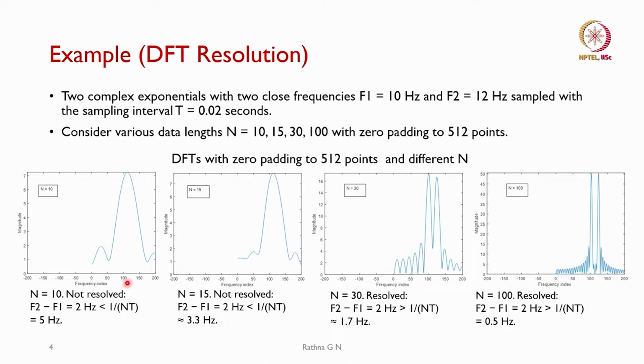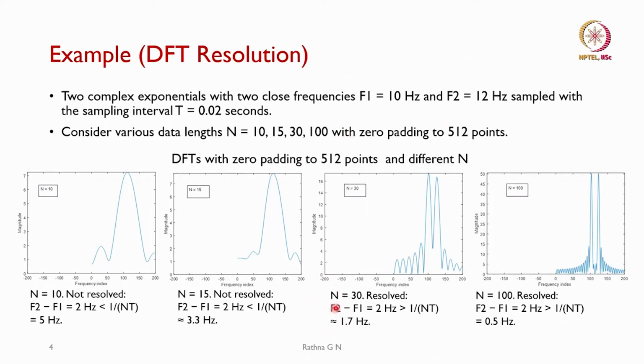Coming to the next one, when we substitute N equal to 15 and run, it is still not resolved. Why? Because 1 by NT is equal to 3.3 hertz, so the 2 hertz difference is less than the resolution. So, you still represent 10 and 12 as approximately 10 hertz itself.